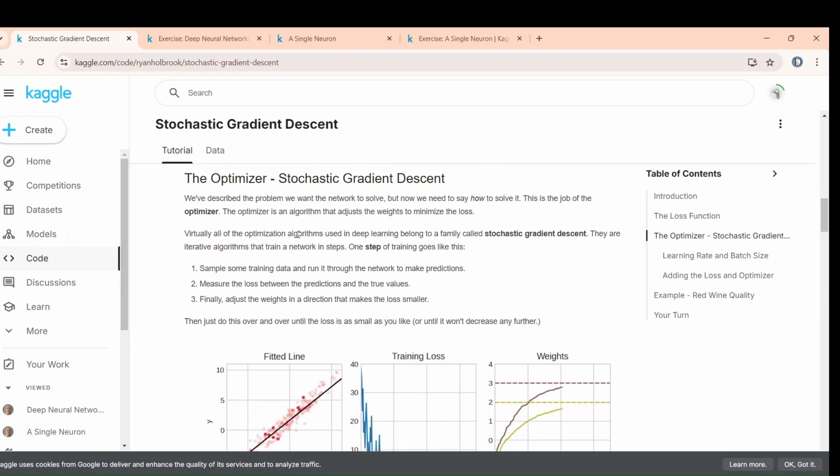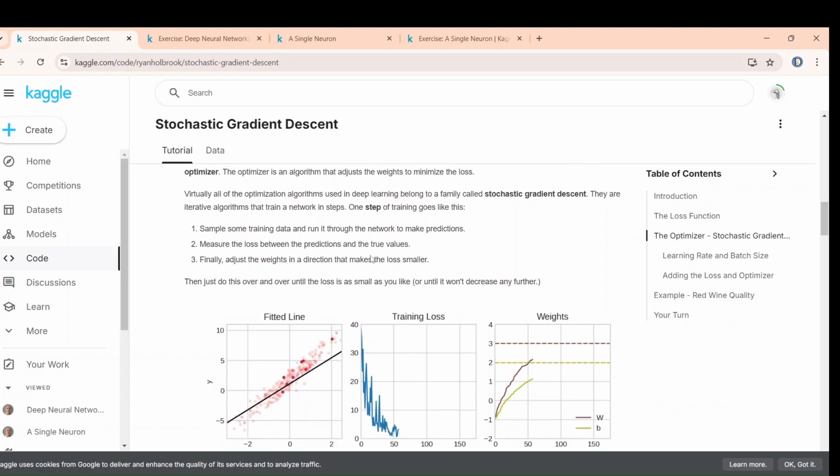Virtually all of the optimization algorithms used in deep learning belong to a family called stochastic gradient descent. They are iterative algorithms that train a network in steps. One step of training goes like this: sample some training data and run it through the network to make predictions.